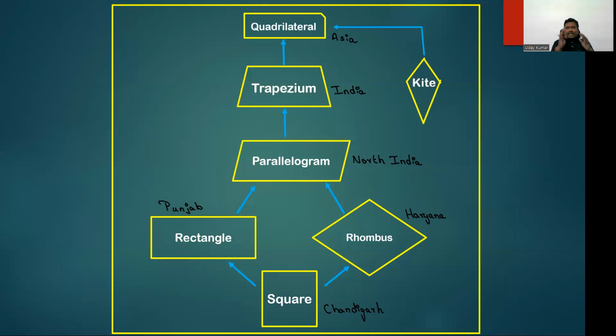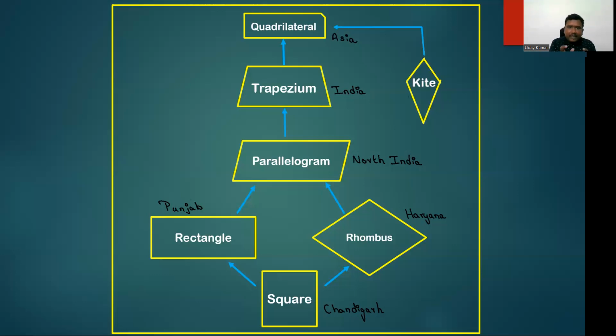Okay. You know why I compared quadrilateral with Asia, trapezium with India like that? Very simple. Imagine you are an Indian. If you are an Indian, definitely you are an Asian. You belong to Asia. Similarly, if it is a trapezium, that is definitely a quadrilateral. Suppose you are living in North India, it means you are already part of India, you are part of Asia.